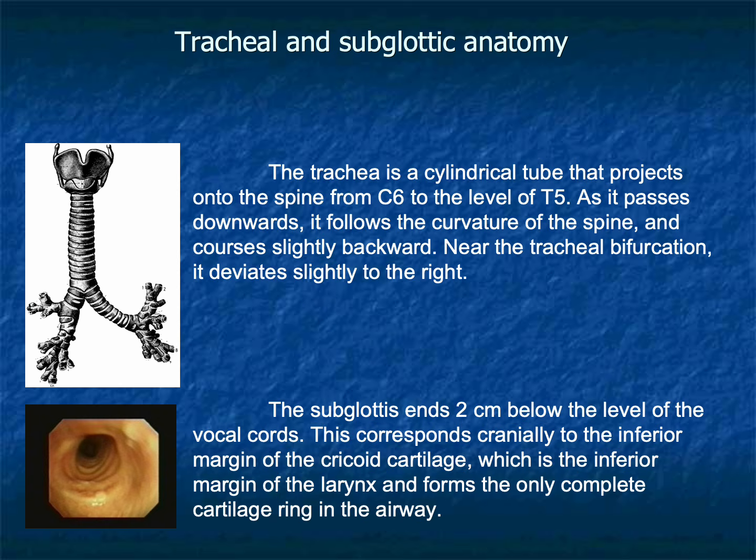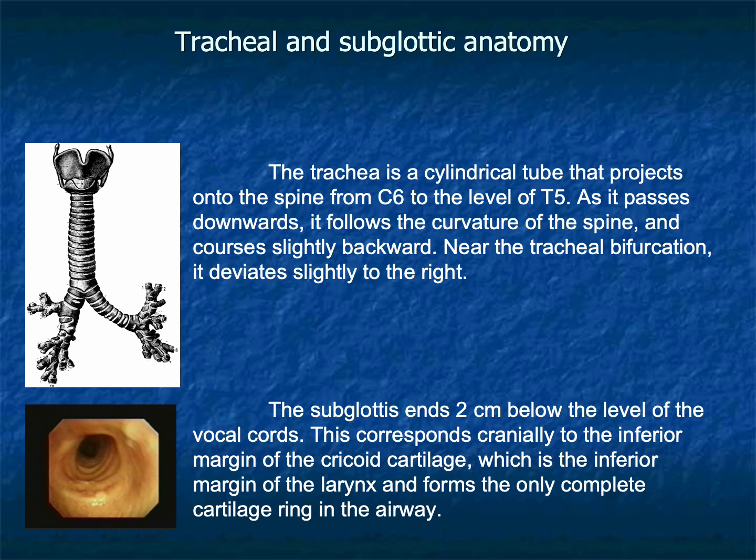The trachea begins at the level of the cricoid cartilage and extends downward toward the carina, following the curvature of the spine and deviating slightly toward the right near the bifurcation. The subglottic region occupies only a short segment below the vocal cords, yet this area carries enormous clinical importance because narrowing or injury here can critically affect airflow.